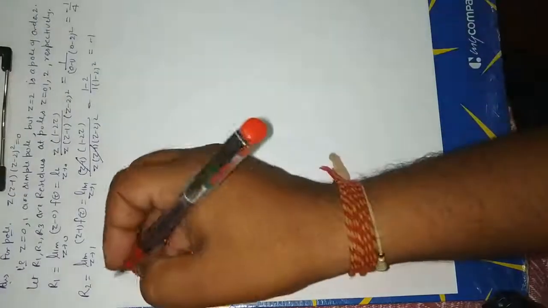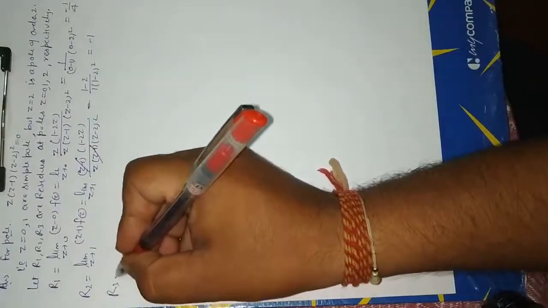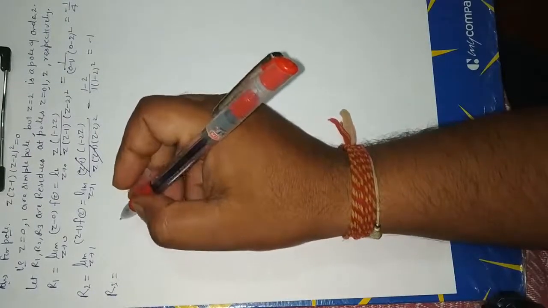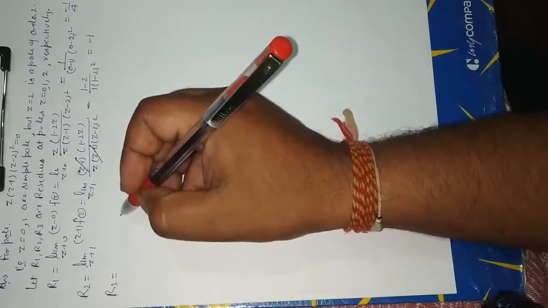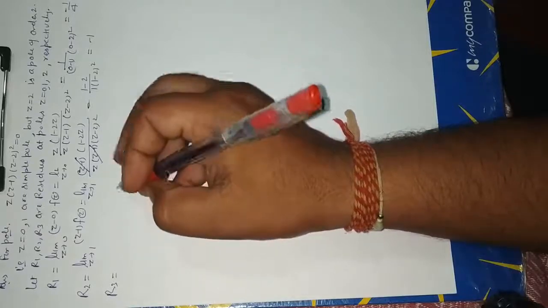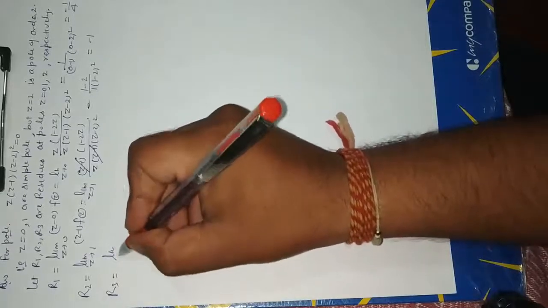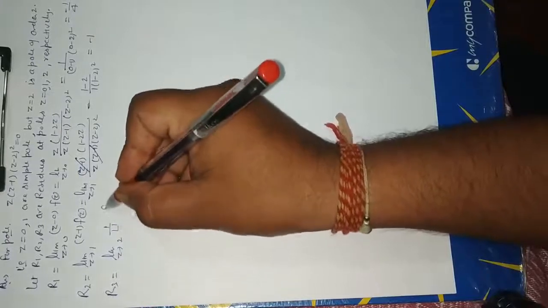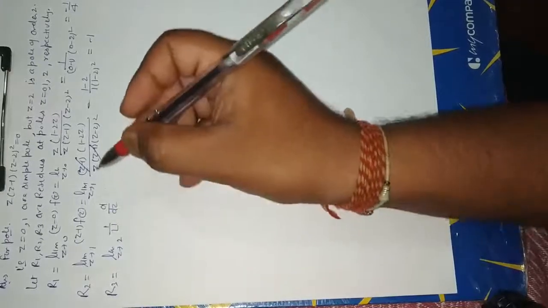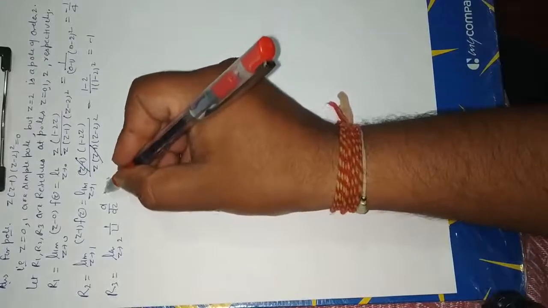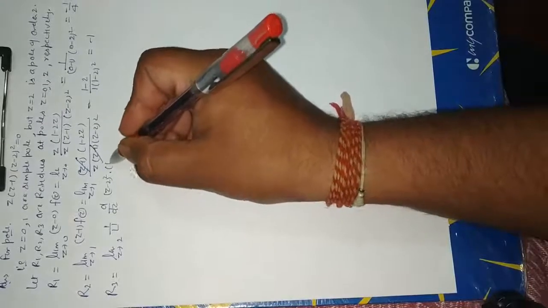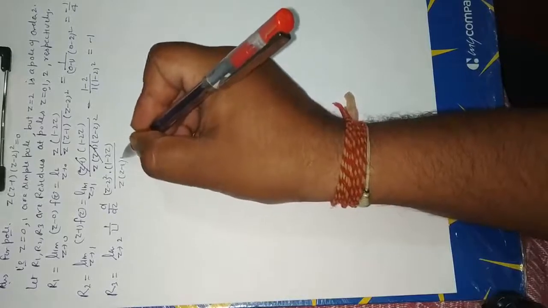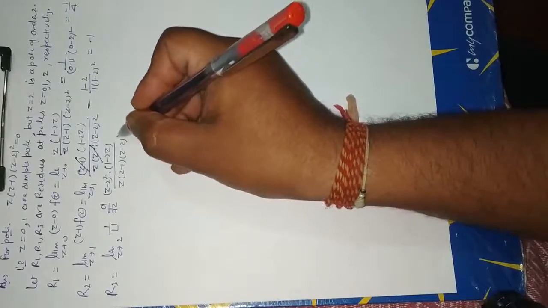Now R3, the residue at z is equal to 2 of order 2. Limit z tending to 2, 1 upon factorial 1, d upon dz of (z minus 2) whole square into f(z), that is 1 minus 2z upon z into (z minus 1) into (z minus 2) whole square.